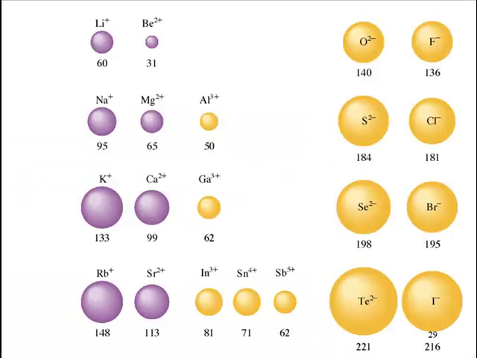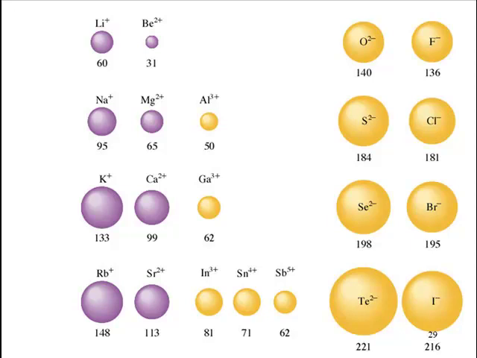So here are some ions. You can see over here, our lithium ion is bigger than our beryllium. As you go across the periodic table, the size gets smaller for most of these. But here you can see that these, again, are larger in size, all of them larger than their parents, but these numbers are a little bit less than these numbers.